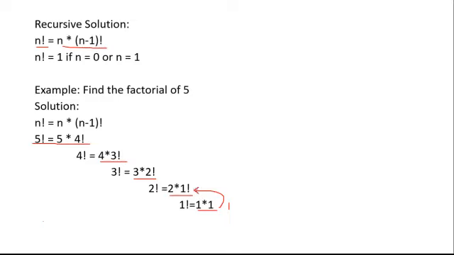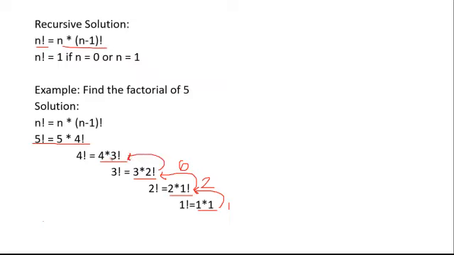Then we already know the factorial of 1. So 2 times 1, we have here 2. Next, let's try to solve the factorial of 3. So 3 times 2, so 6. Then let's solve the factorial of 4.